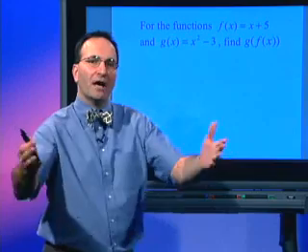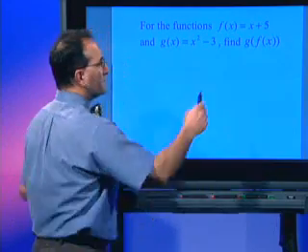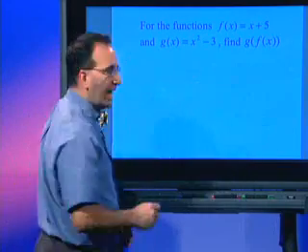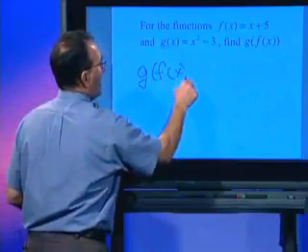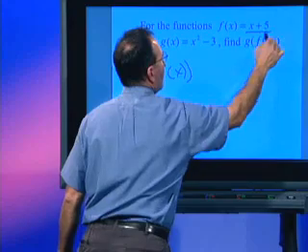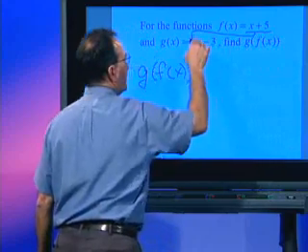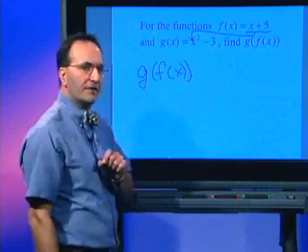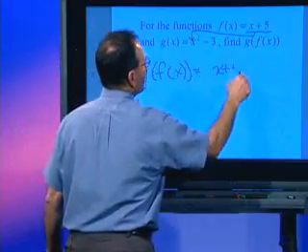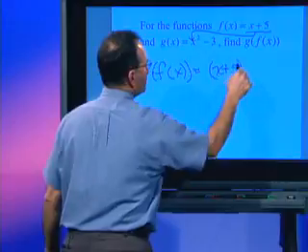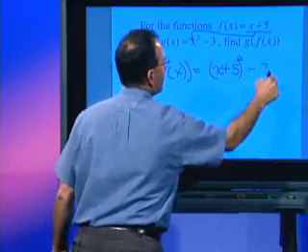All right, let's find out how you did on that problem. So we want to find g of f of x. And that means this time we want to take f of x and substitute it in for x inside of g of x. So that will give us the quantity x plus 5 squared minus 3.